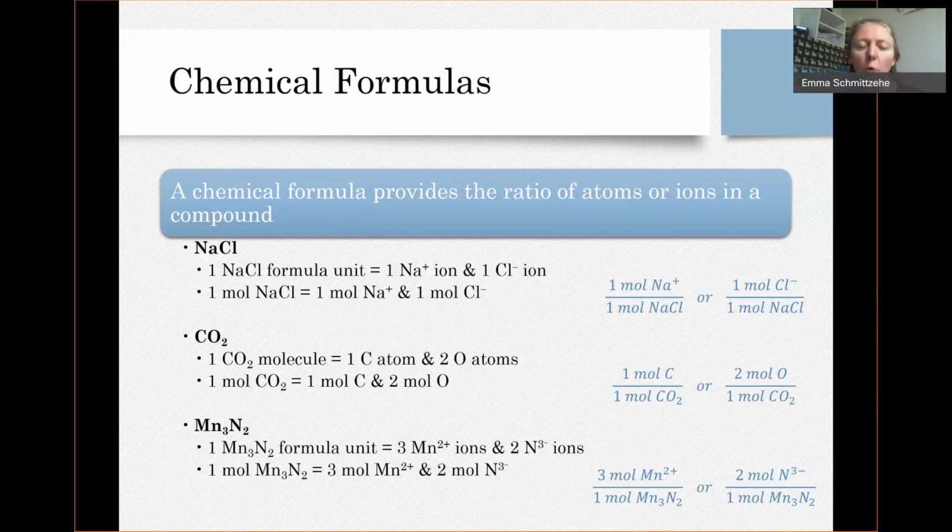Or if you split up the formula units or the crystal lattice of that structure, how many ions would you have? Okay, so that's a useful conversion factor or piece of information that a lot of times people overlook because they think the chemical formula is only important for telling me what I have, but it can actually help you do some calculations. So that's helpful to you as well.